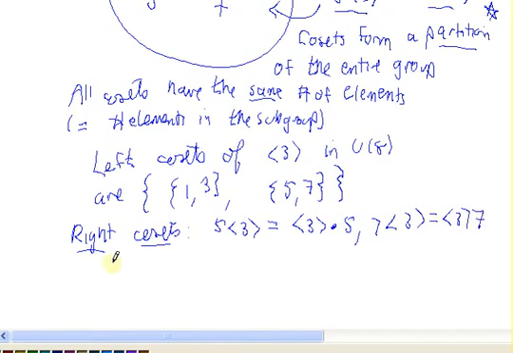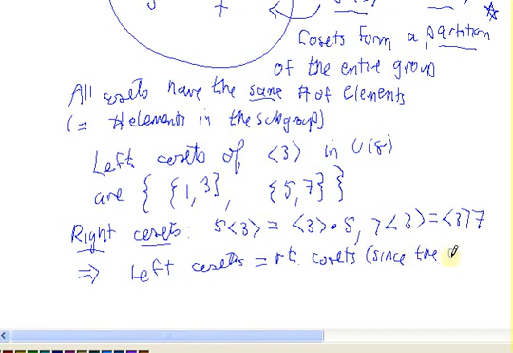So in this case, the left cosets are equal to the right cosets. And you can see that this was always going to be true since the group is abelian. Okay, so whenever you have an abelian group, it's quite clear that the left cosets and the right cosets will be equal to each other.